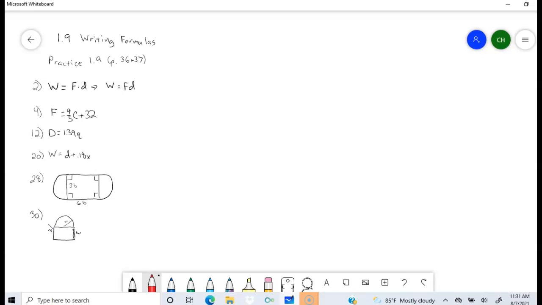One, we need to know how to find the perimeter of a circle, which is circumference, 2 pi r, which is the same thing as the diameter times pi.